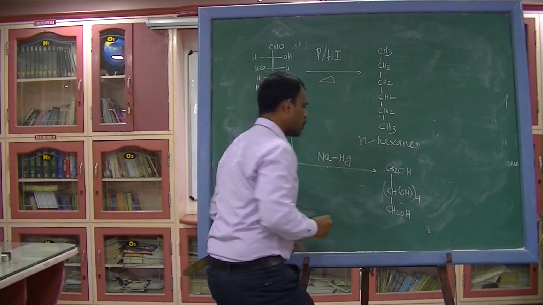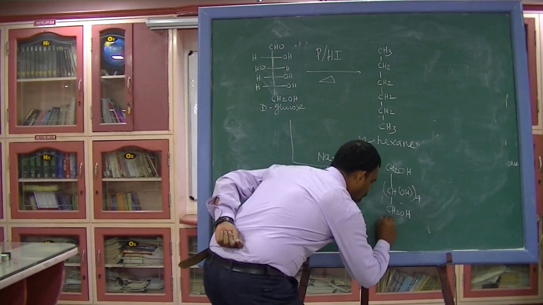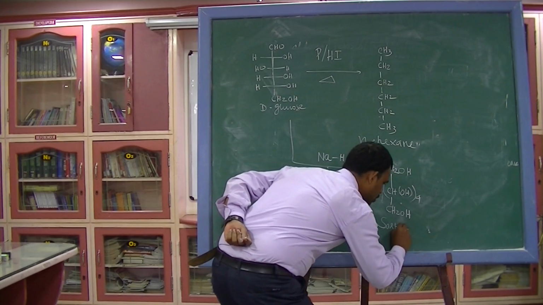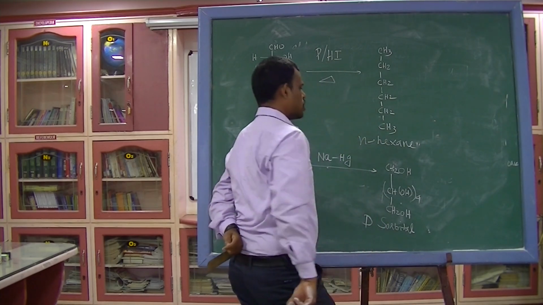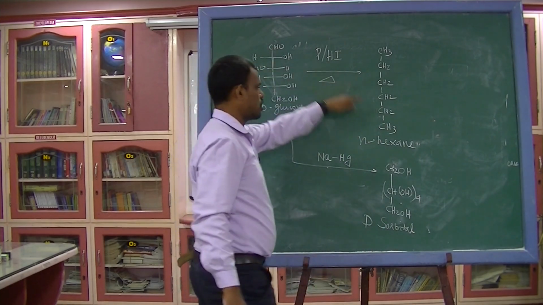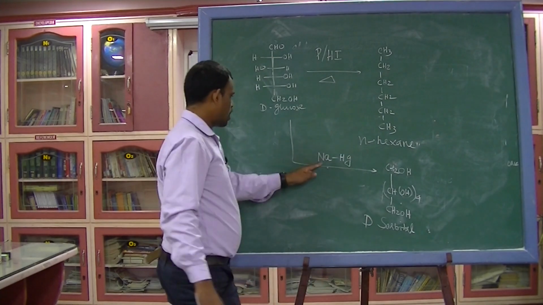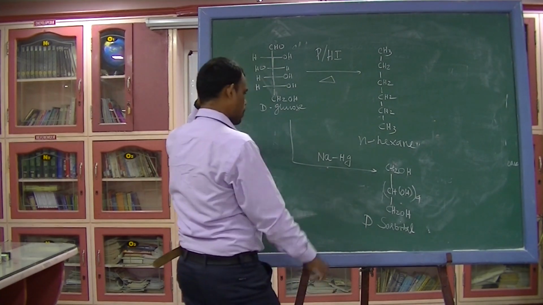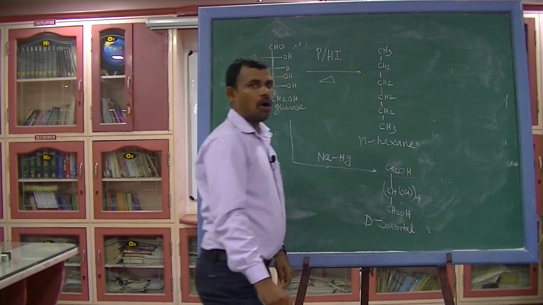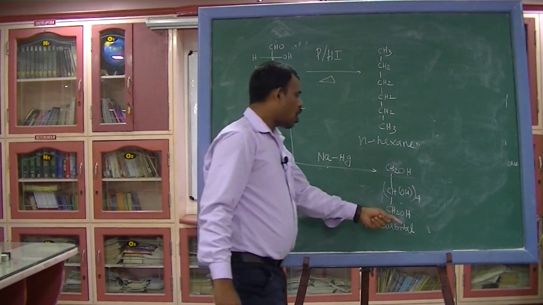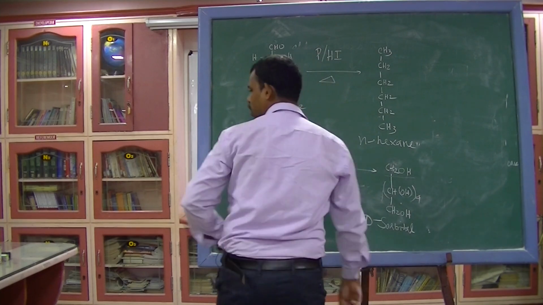This is nothing but your glucitol or sorbitol. So if you treat with the previous reagent you will get n-hexane, whereas if you treat glucose with sodium amalgam you will get the reduced product, D-sorbitol, the alditol.